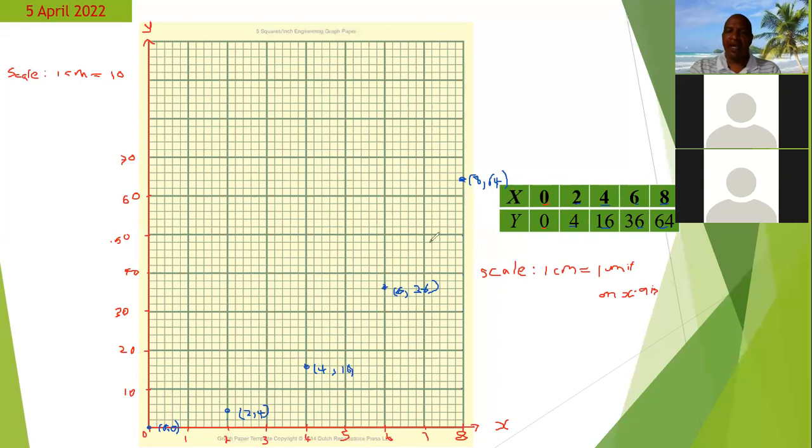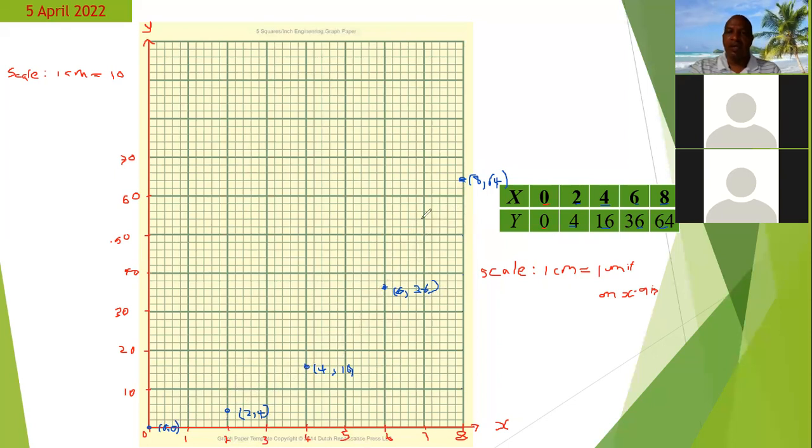Now, if it is a straight line connection that your points are giving you, you may use a ruler to connect the points. But where you see the points are not giving you a straight line, you need to use your free hand with your pencil. So this is going to take some amount of practice. You want to draw freehand as accurately as possible.